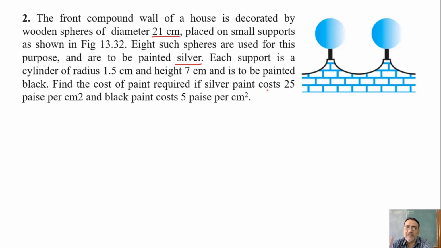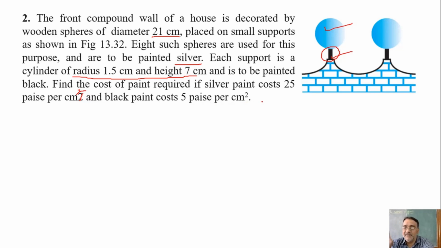Each support is a cylinder of radius 1.5 centimeter and height 7 centimeter, to be painted black. Find the cost of paint required if silver paint costs 25 paise per centimeter square and black paint costs 5 paise per centimeter square.